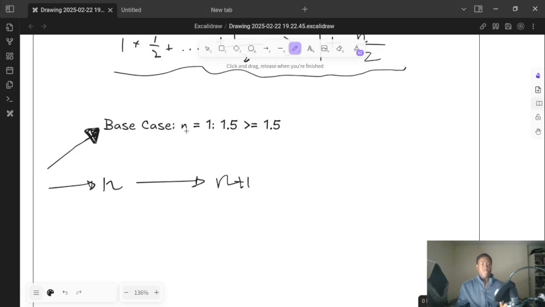Then since you have the base case, and you showed it for the successor, it's just going to hold for everything from there. That's the idea of induction.